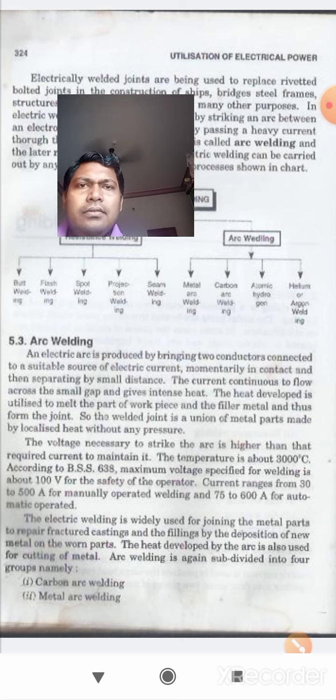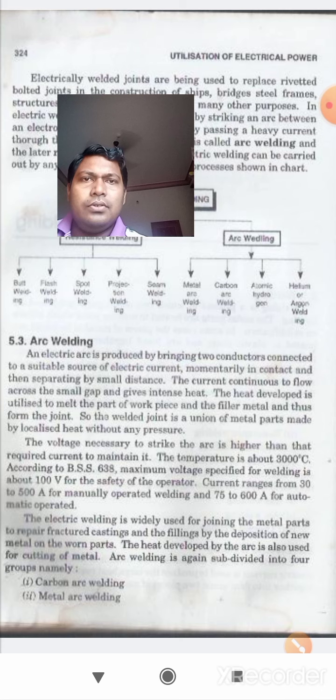We have already understood this principle of how to produce an arc, because in our earlier classes I told you, if two electrodes are momentarily in contact with each other and then suddenly separated and maintained at a specific distance, then an arc will be struck. It is exactly on that principle.